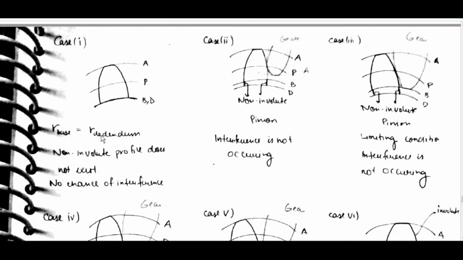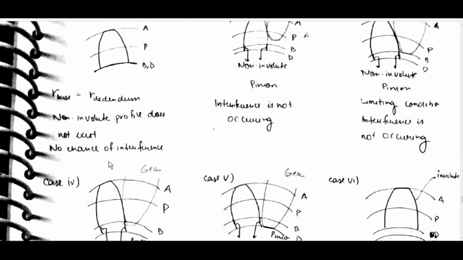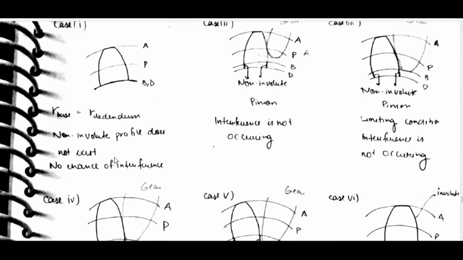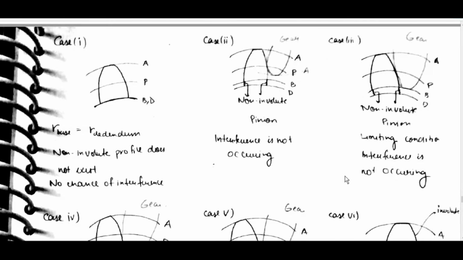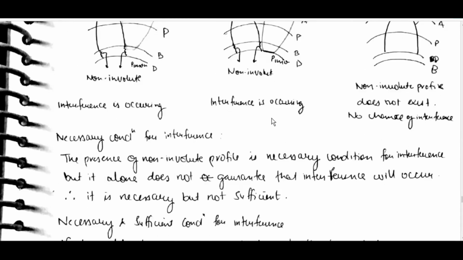Case 1: R base is equal to R. Non-involute profile doesn't exist. No chances of interference. Here, the involute and non-involute profile of pinion, interference is not occurring. Gear base, non-involute, limiting condition for interference not occurring.